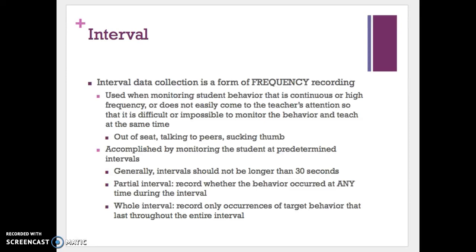Generally speaking, it's a form of frequency recording interval, but it could also be done with latency or duration, but it would be very difficult to do. So have the non-example available. So what is happening if the behavior is not occurring? Have that defined when you're doing this.